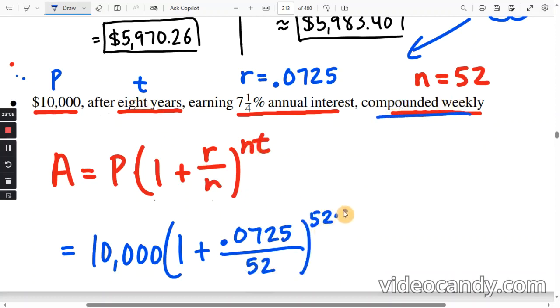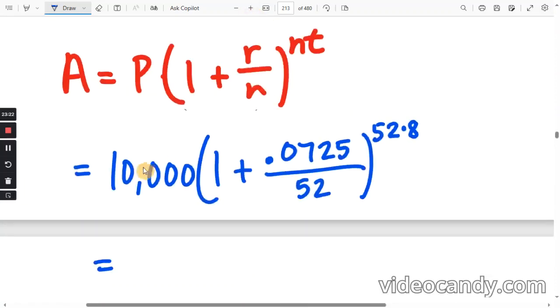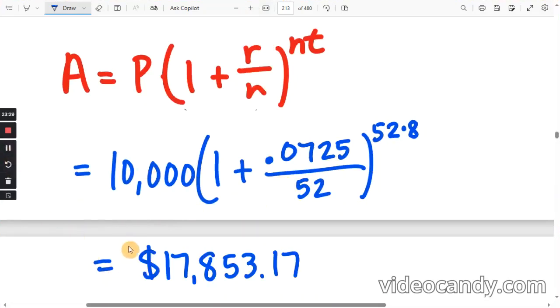So the exponent is 52 times 8. I'm not even going to simplify this one. I'm going to go right to the calculator. Just be careful when you do your exponent. You may have to do the exponent in parentheses. Please make sure you can do this on your calculator, so please try it and get the correct answer. All right, I get 17,853.17.